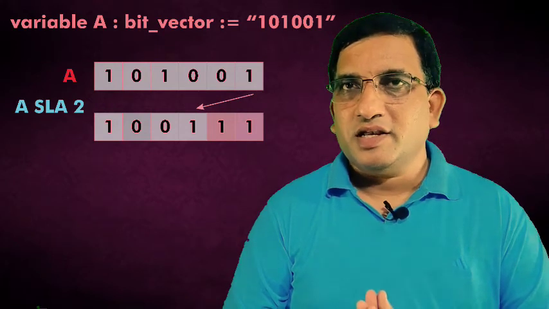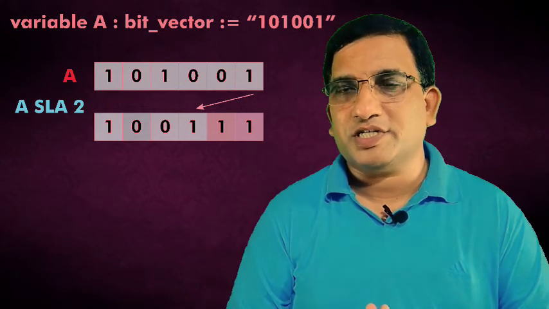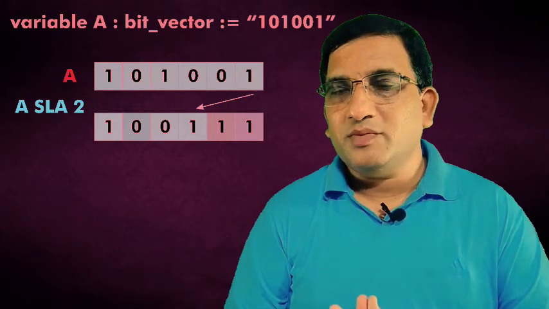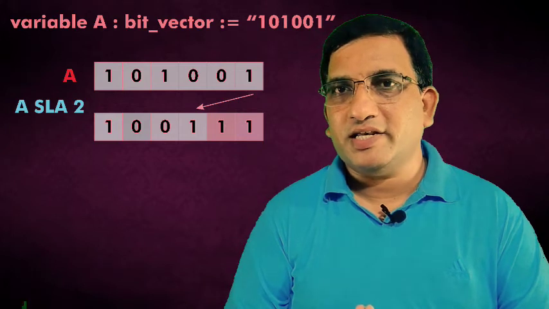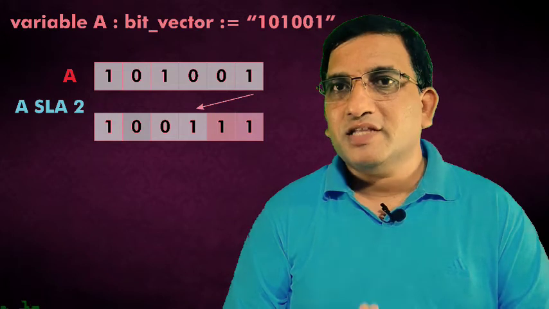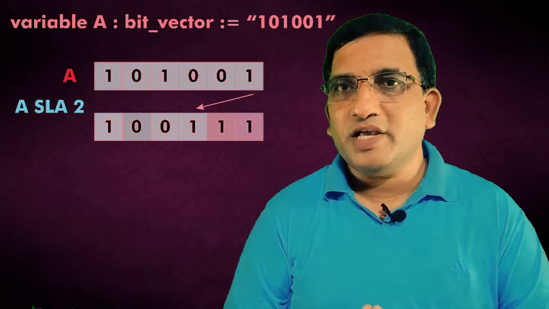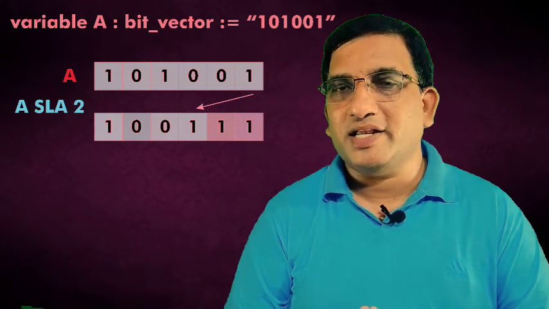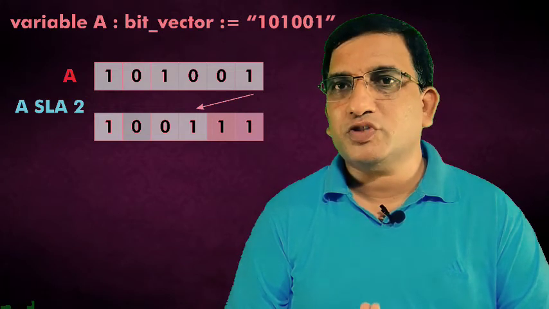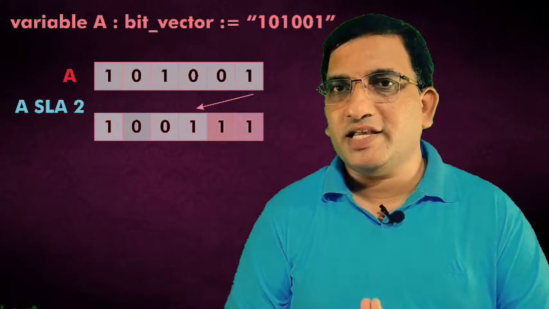Now in ASLA2, that is shift left arithmetic by 2-bit positions, as we are shifting the bits to the left, the rightmost 2-bit positions will become vacant, and those positions will be filled with the rightmost bit present in the data. I will repeat, when we are shifting left arithmetically, the vacated bit positions will be filled with the rightmost bit of the data. Now the rightmost bit of the data is 1.